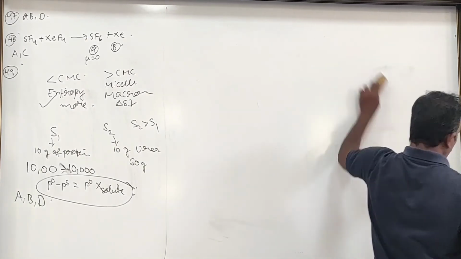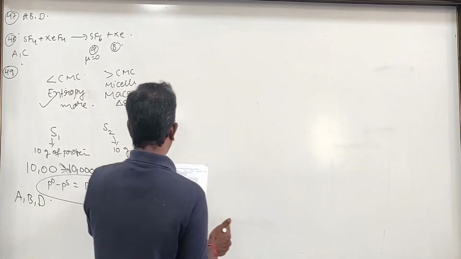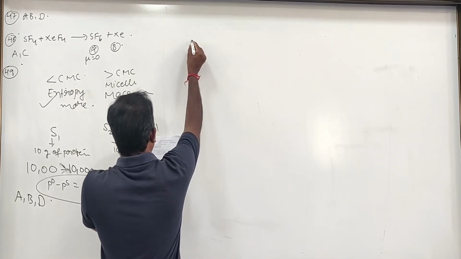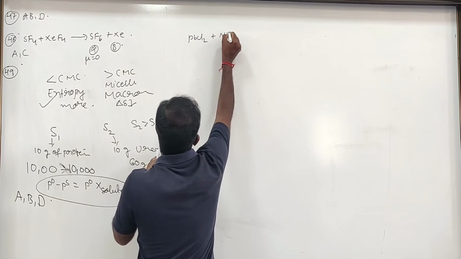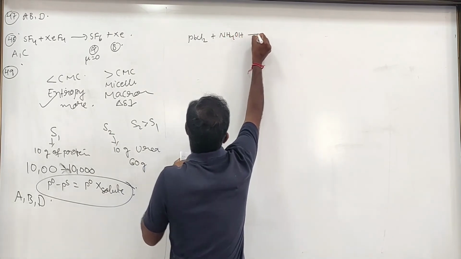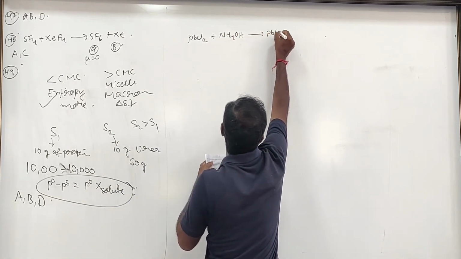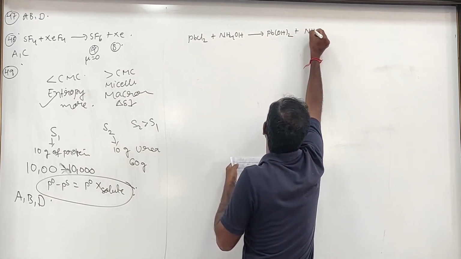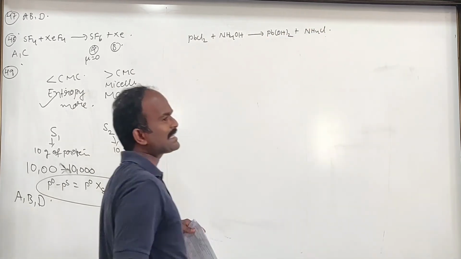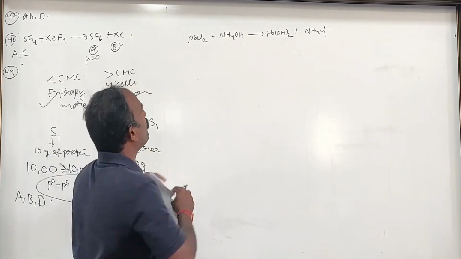So what you are doing here, to the ammonia test tube you are adding PbCl2 drop by drop. So for PbCl2 I am adding NH4OH, which gives rise to Pb(OH)2 along with some NH4Cl. Now let us see here. Which block metal is it?